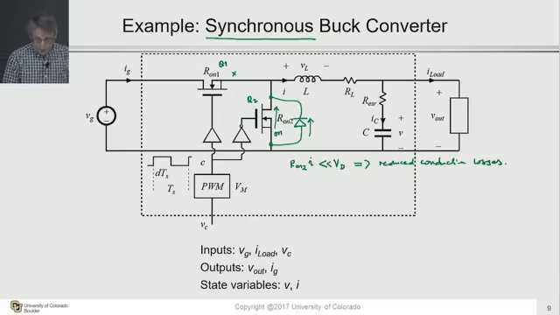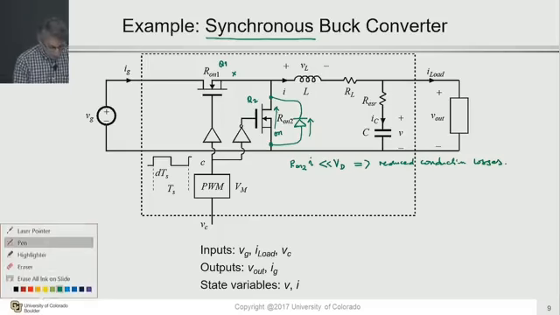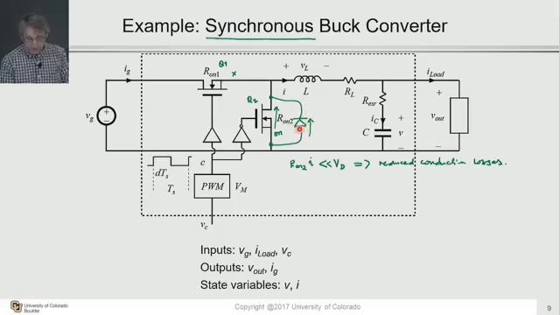One last comment about the synchronous rectification right here is that whether you sketch this diode here explicitly or not, I'd like to remind you that this diode, in fact, does physically exist as a body diode of the rectifying MOSFET. Okay, so the MOSFET comes in with the PN junction diode between the source and drain terminals.